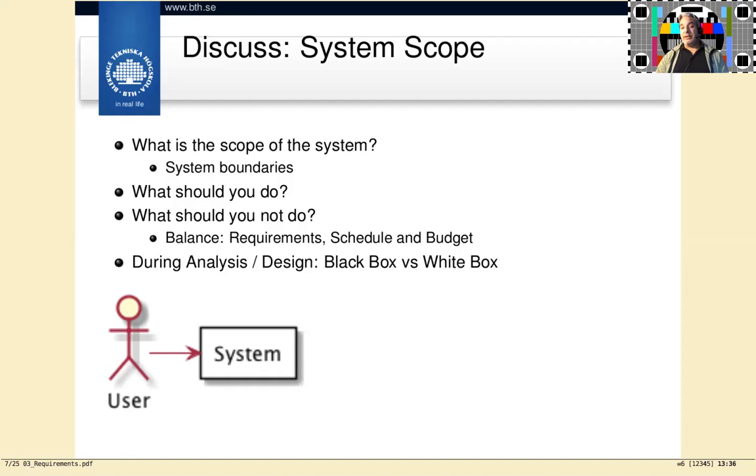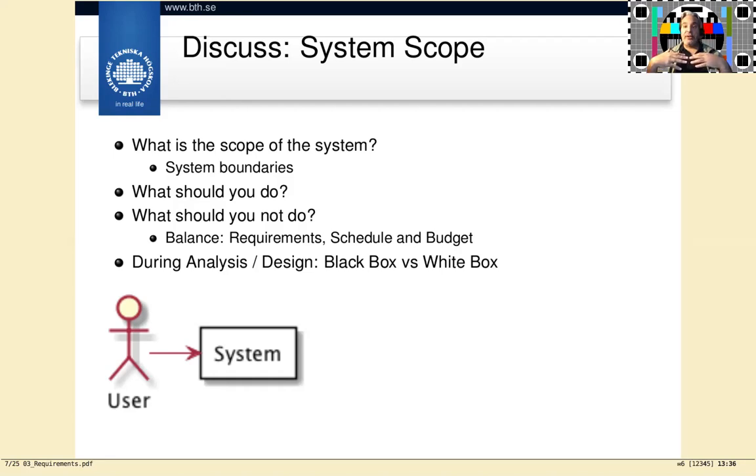During requirements analysis, we try to see the system as a black box. It's opaque, so that we look at what we can do with the system from the outside. As a user, what can I expect to do against the system, and what should the system respond with?